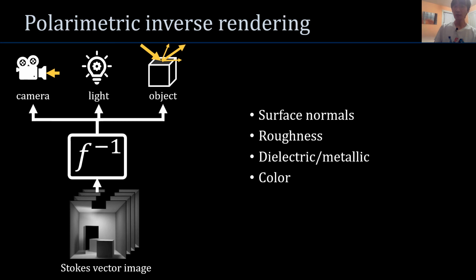In addition to rendering, our dataset can be used for analysis of the media reflecting light.